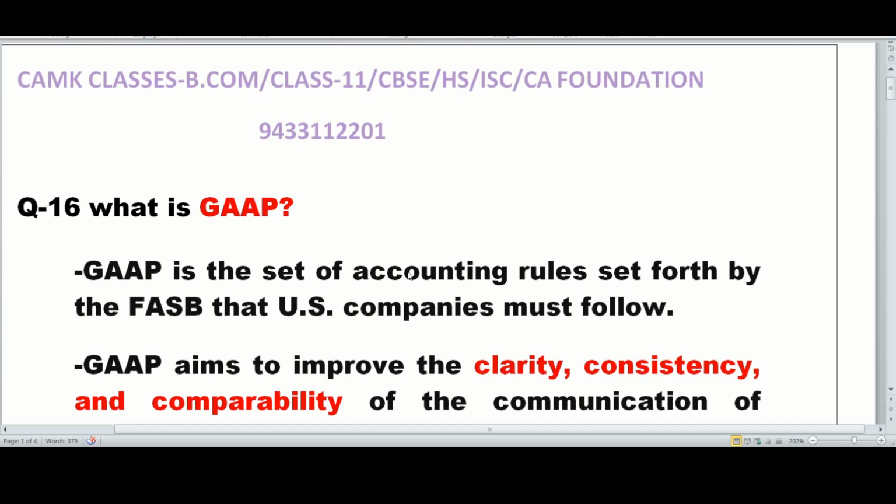GAAP is the generally accepted accounting principles.